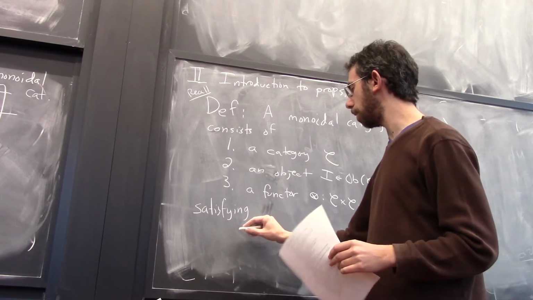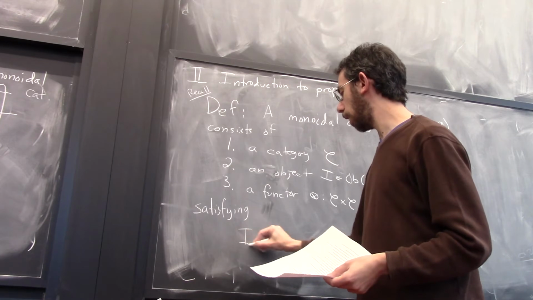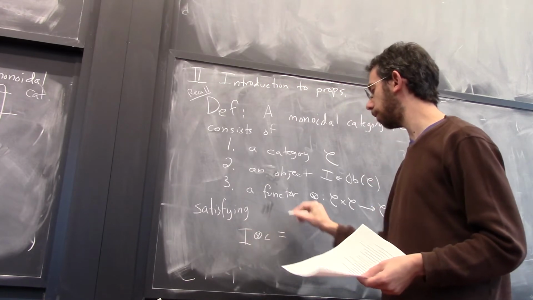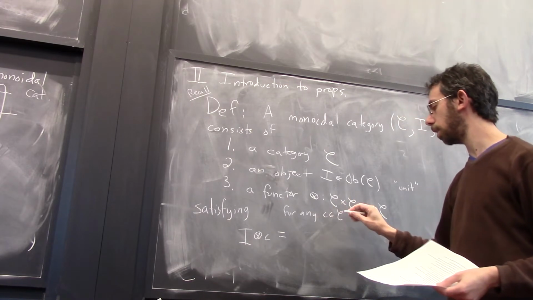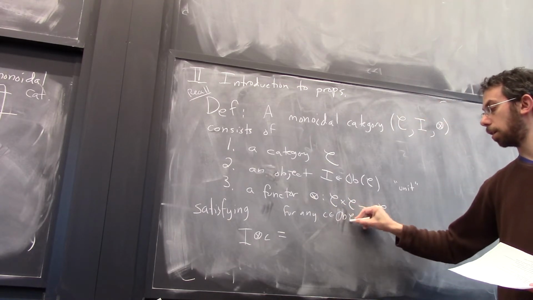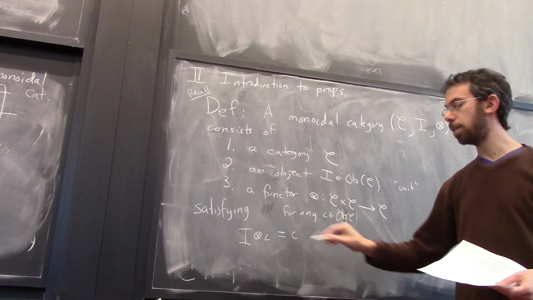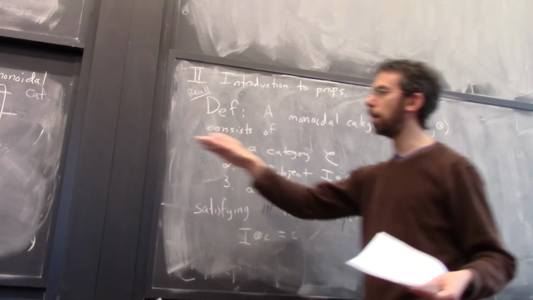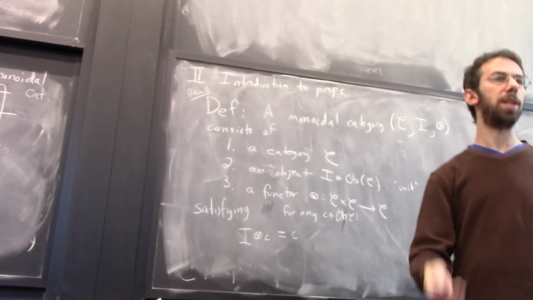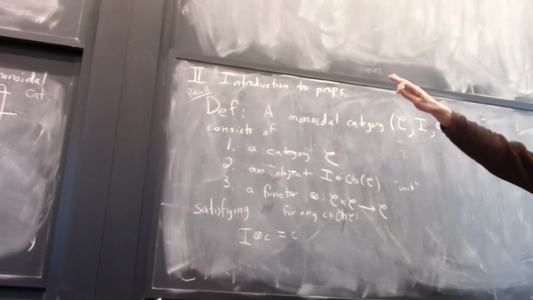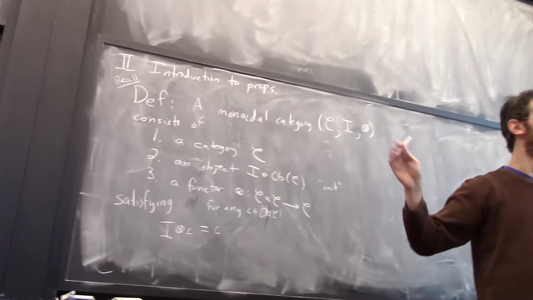So what I mean by that is, for any object C, I tensor C is C. So I is going to be drawn as no wires. And therefore, you won't even see it show up in the diagram because it's just always there. Anywhere you want to see it, there's nothing there.